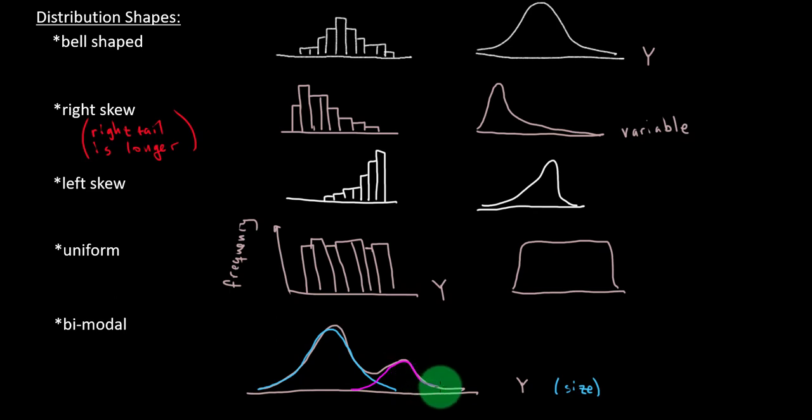And they got lumped together. So here you kind of see there's almost like two bells smashed together. And if two distinct types are grouped together, that can manifest in a bimodal distribution. That's not always going to happen. Maybe these would be indistinguishable, but that's one way that that can occur.